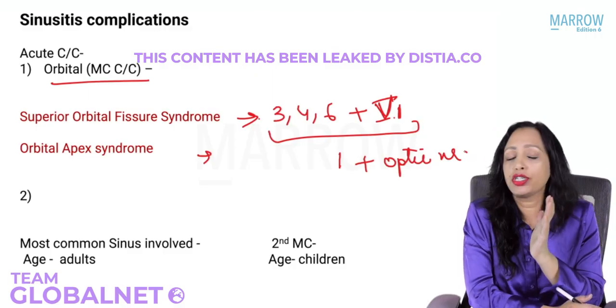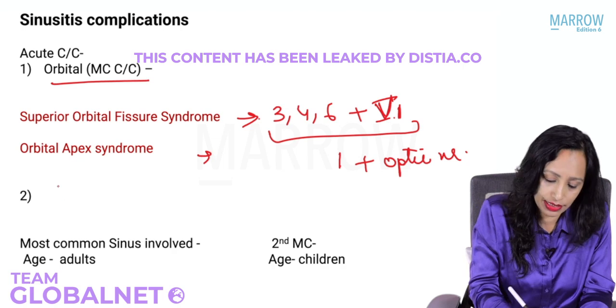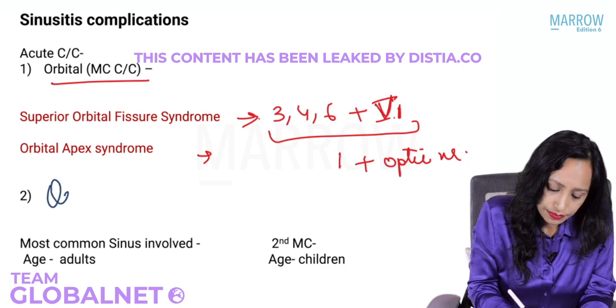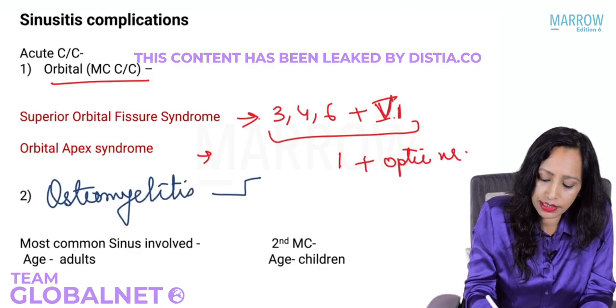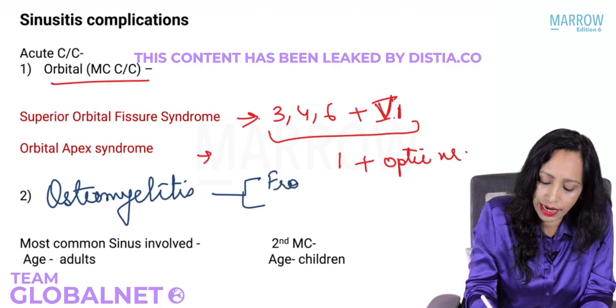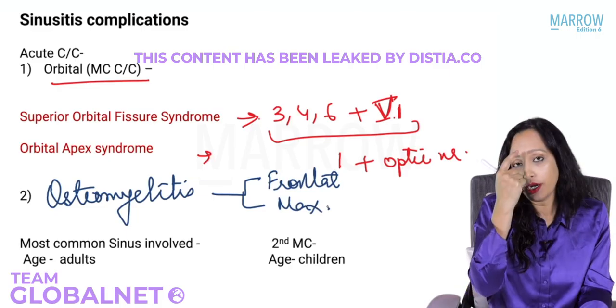Now another acute complication of sinusitis is osteomyelitis. Osteomyelitis can involve two sinuses. It can either involve frontal sinus or it can involve maxillary sinus. Either frontal or maxillary.